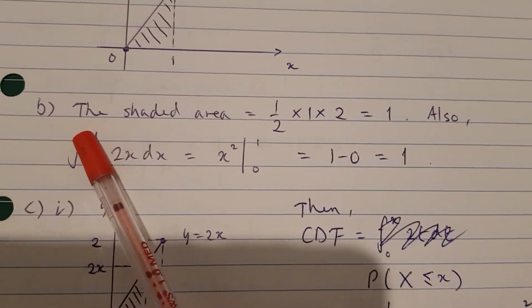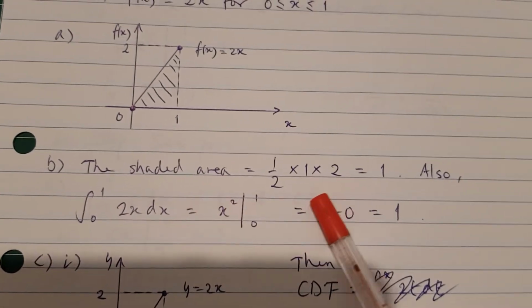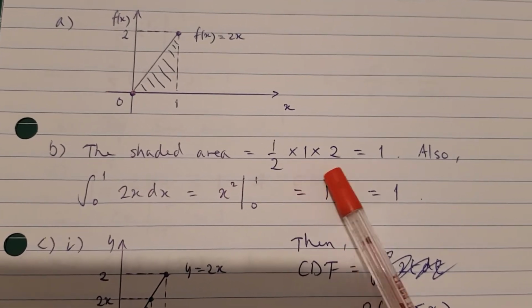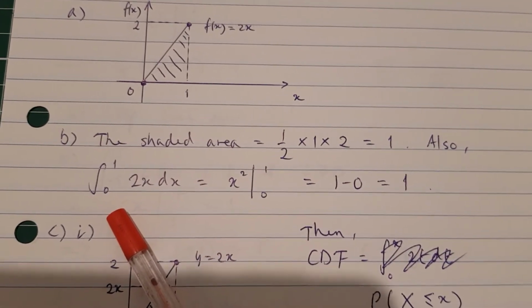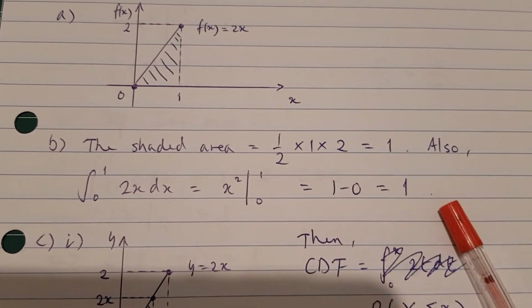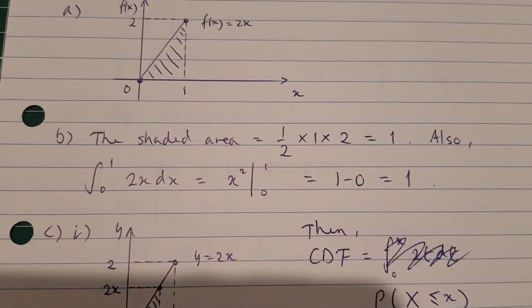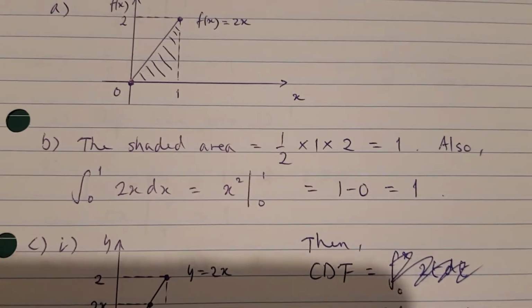Let's see if that's the case. The shaded area is the triangle, so it's half times base times height, so that's nicely 1. And the actual integral also gives you 1 as the answer, so as expected.